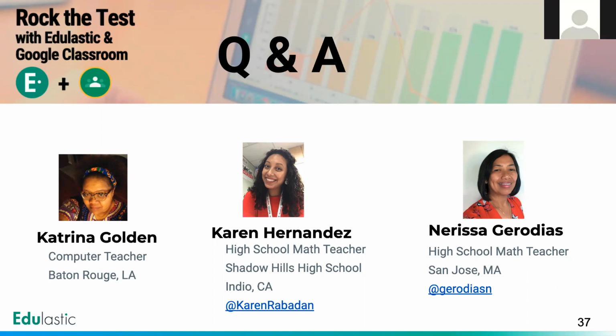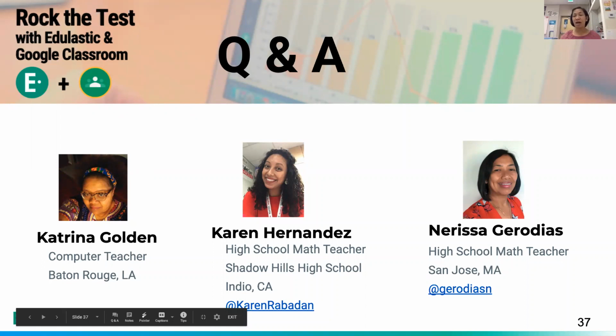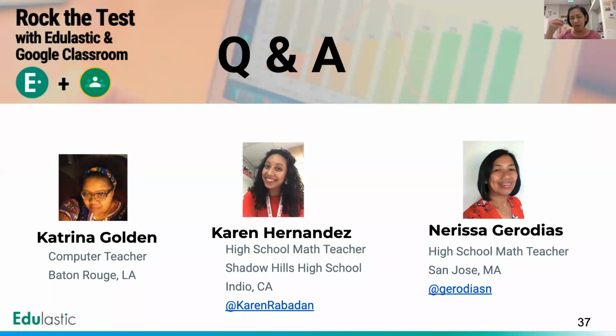Could Edulastic take the average of multiple attempts so students don't keep taking until 100? How many times do you redirect? Oh, it's as many times. Some students take 7 times, 4 times, and when they ask me to update their scores, I'll go back to their work, and I will see attempt number 4.